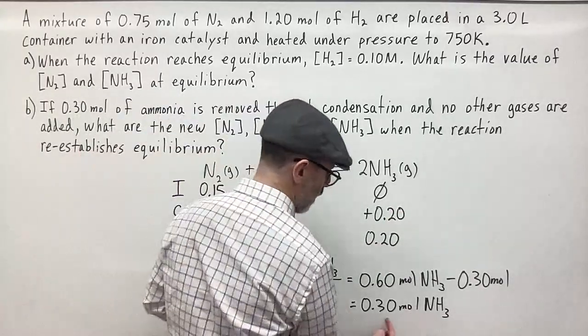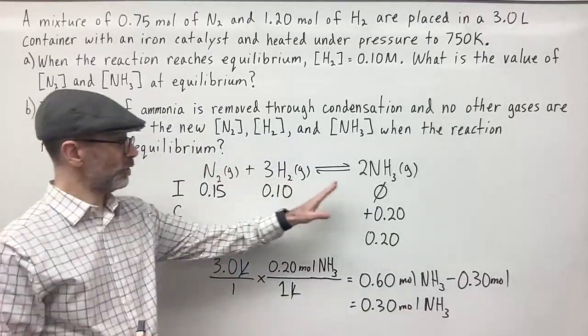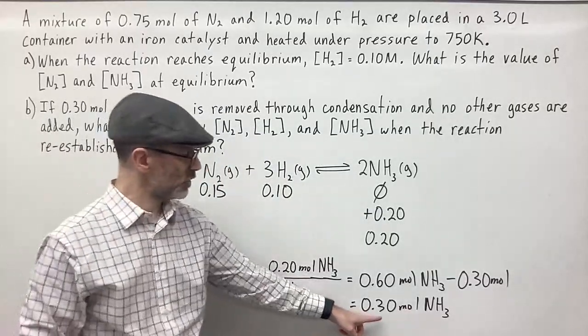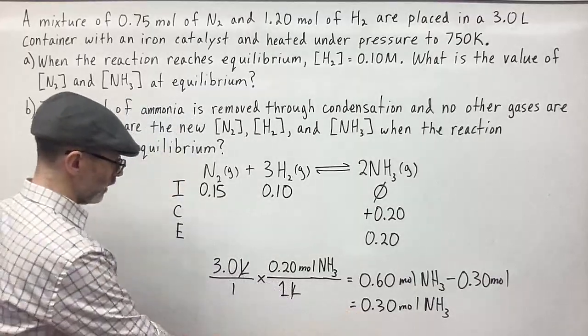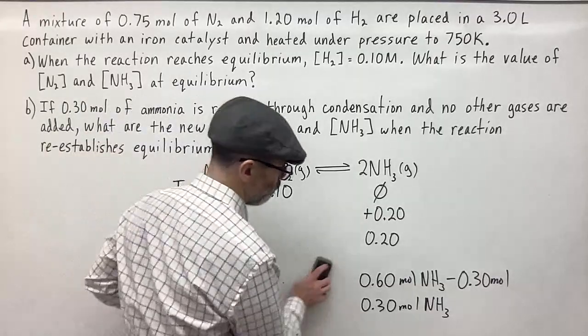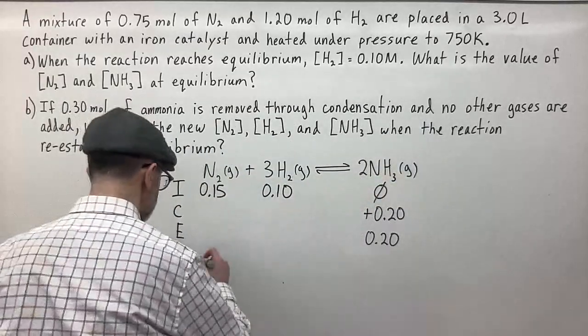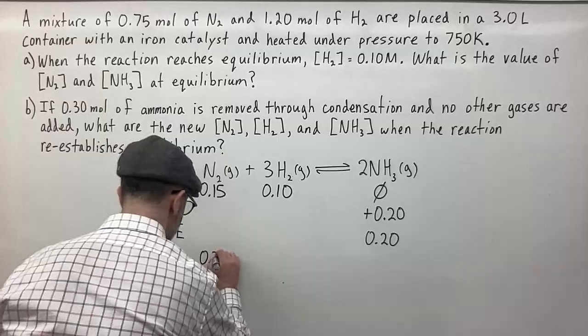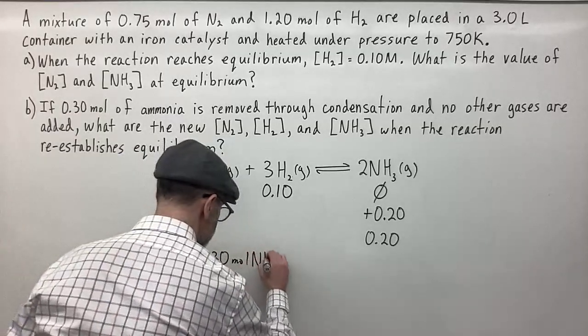So now we have this number of moles, but again, before you put this into the table, we have to change the moles of NH3 back to molarity. So let's go ahead and do that. So we have 0.30 moles of NH3.